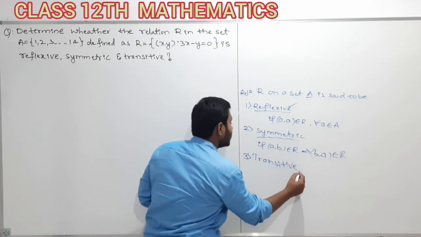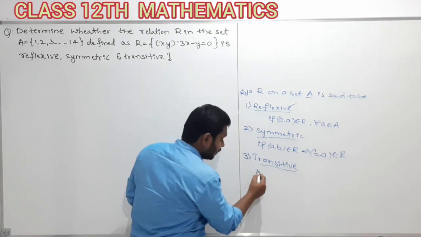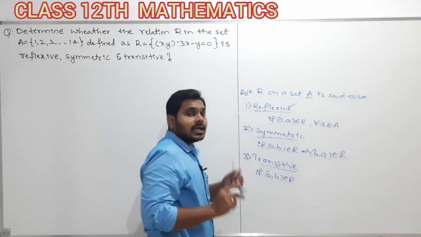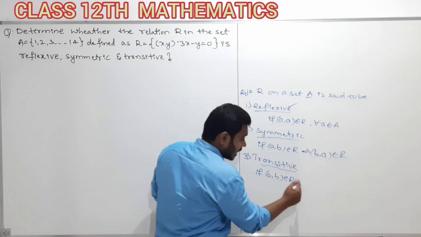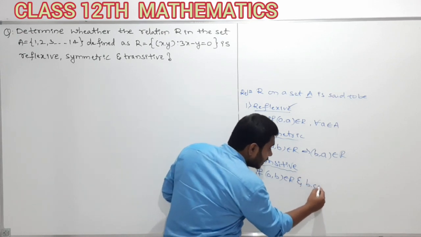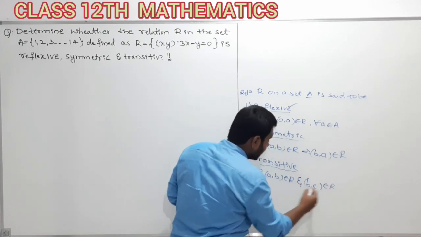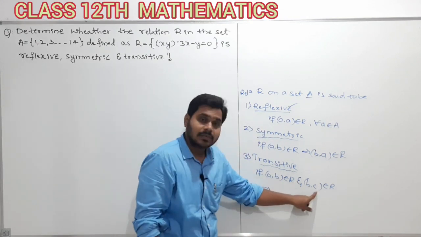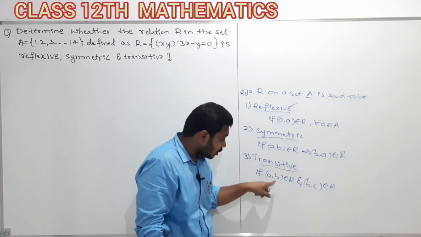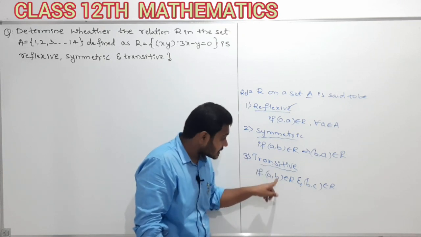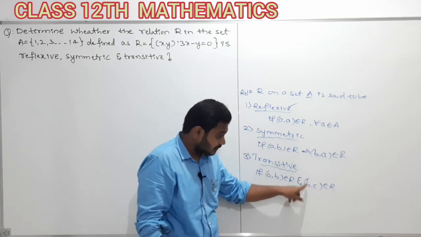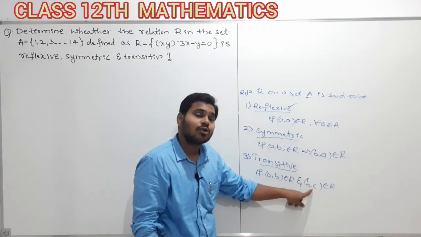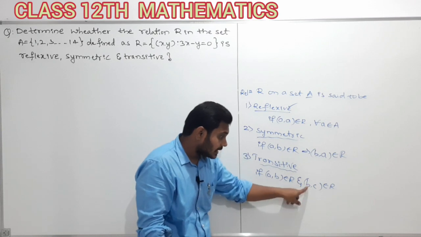Transitive means if (a, b) is in the relation R and (b, c) belongs to R, then whatever second element is there in the first ordered pair should be the first element of the other ordered pair. That's why I wrote (a, b) and (b, c).